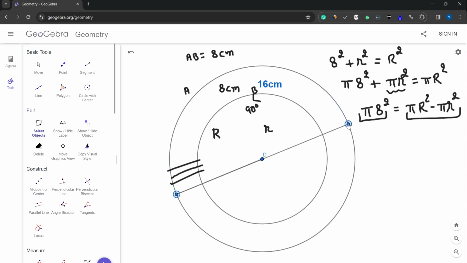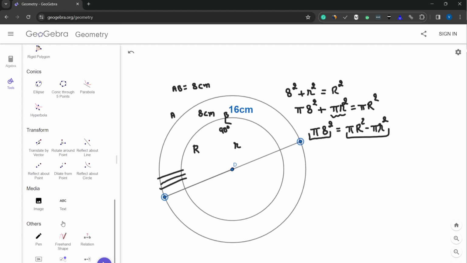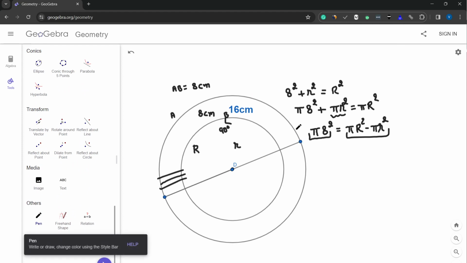And when the radius of the smaller circle approaches zero, this becomes the radius of the outer circle, and this is still 16 centimeters.